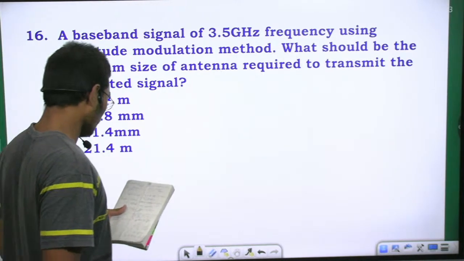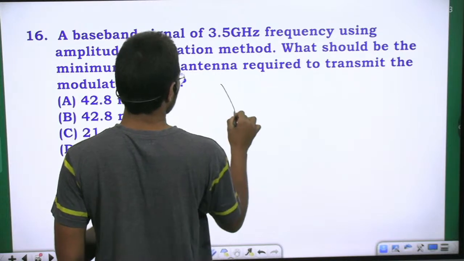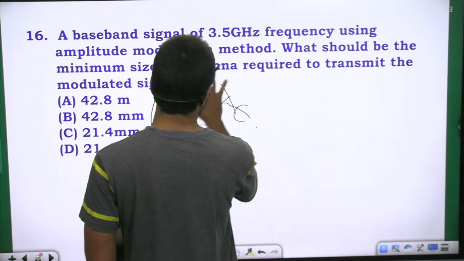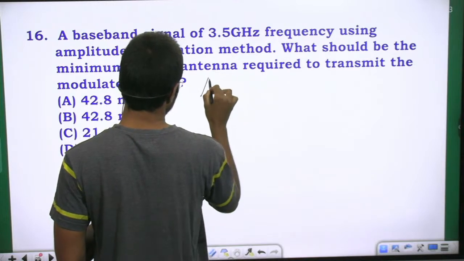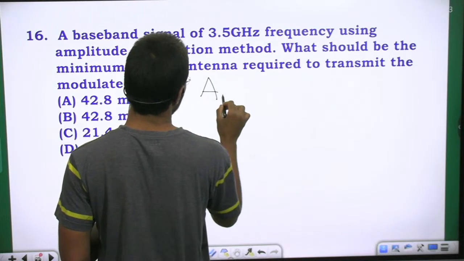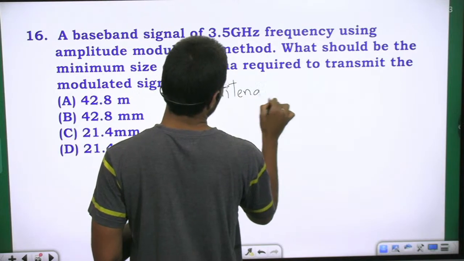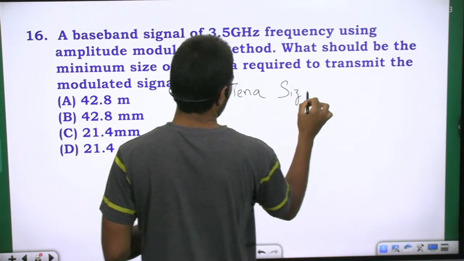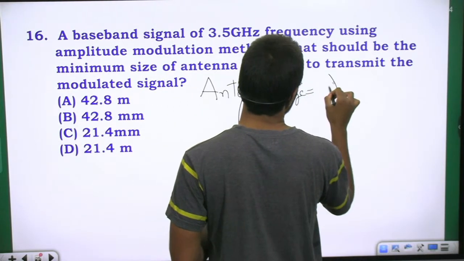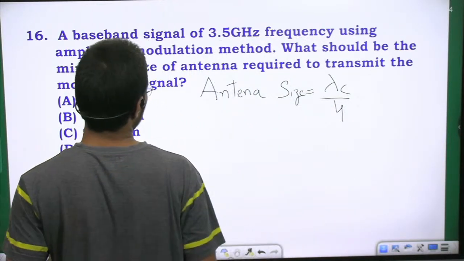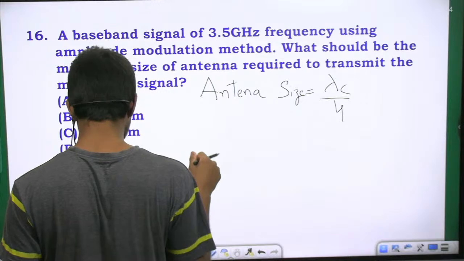The size of antenna required is equal to lambda by 4. Once we get lambda and divide it by 4, we are done.